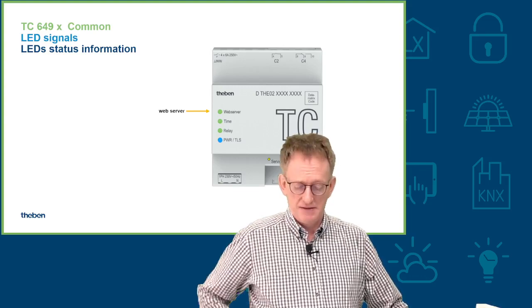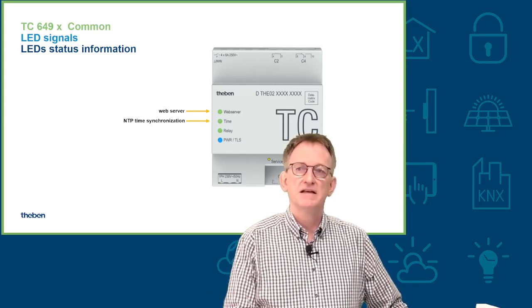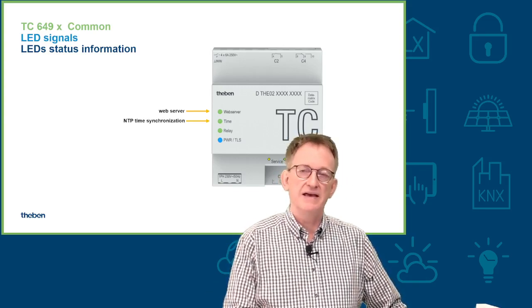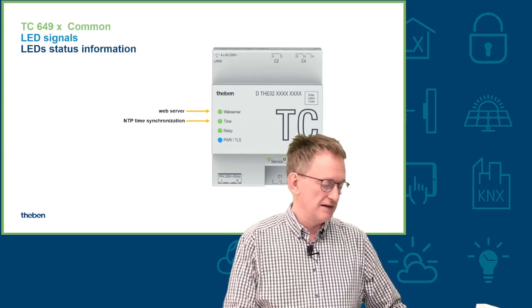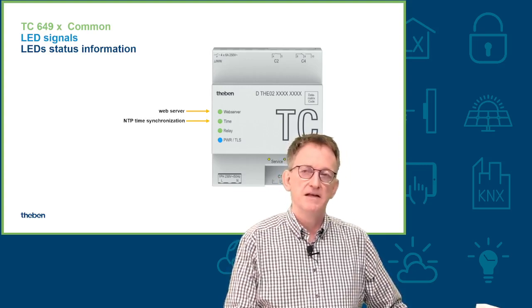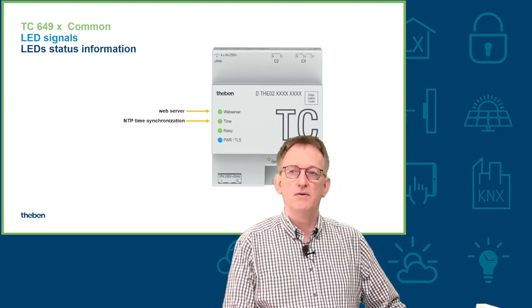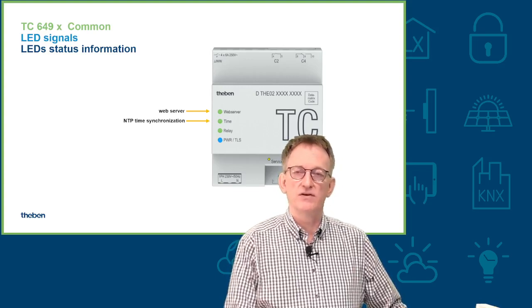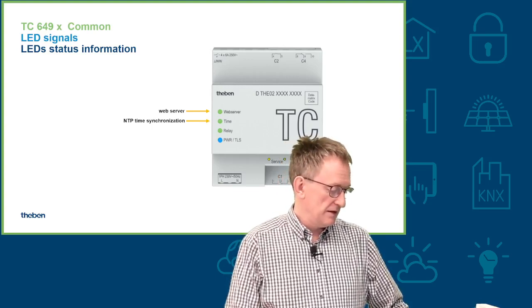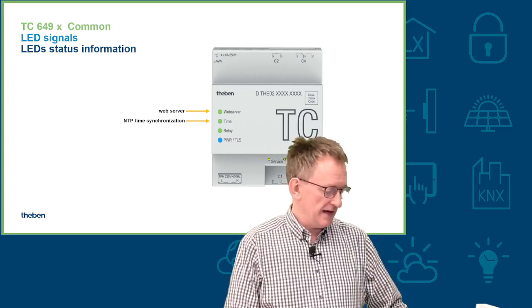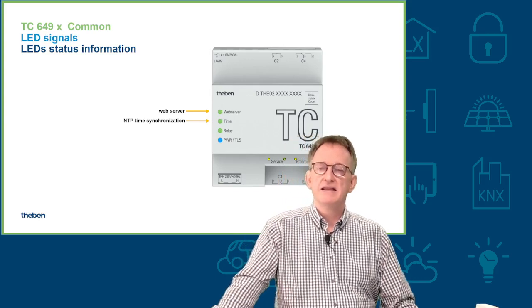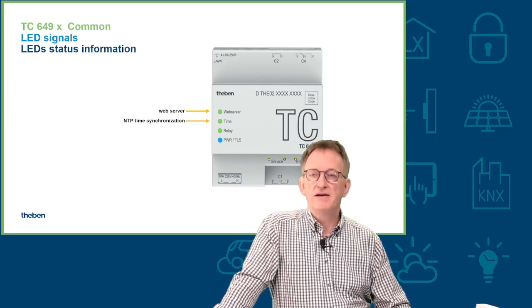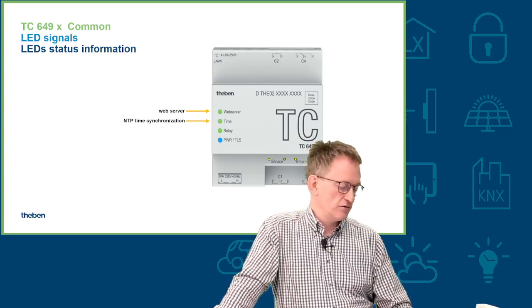Then we have the time service. That means either it's running on the local internal clock, or it synchronizes its time via an NTP time service. NTP is for Network Time Protocol. I strongly recommend that you set up the NTP time synchronization.